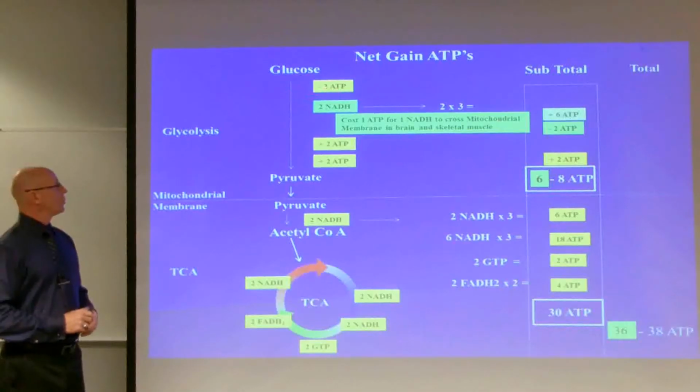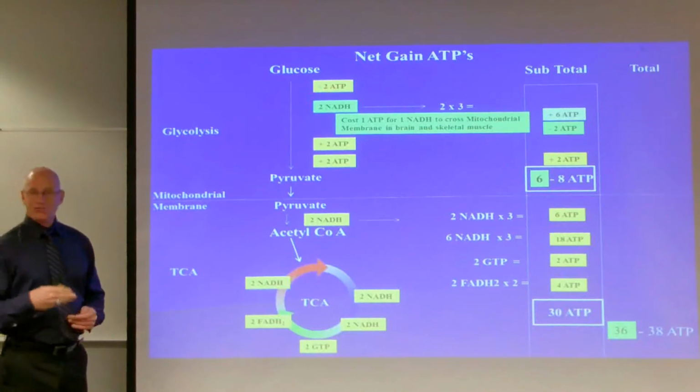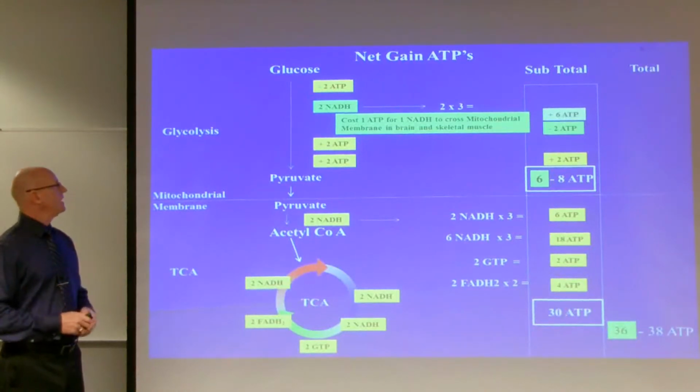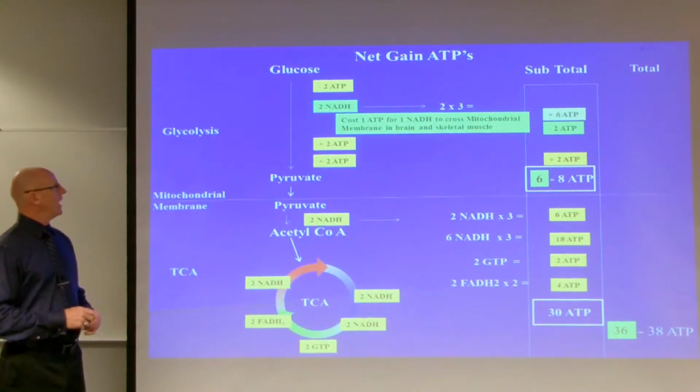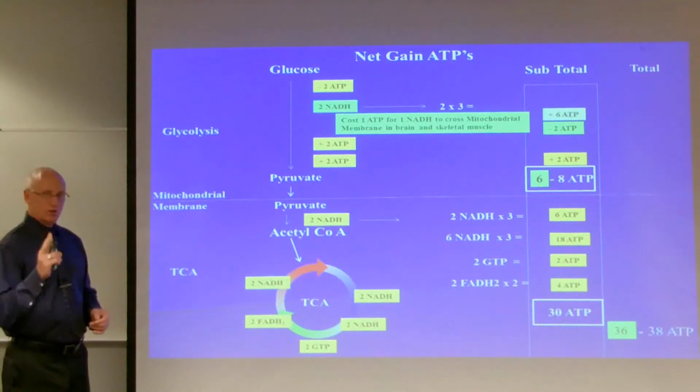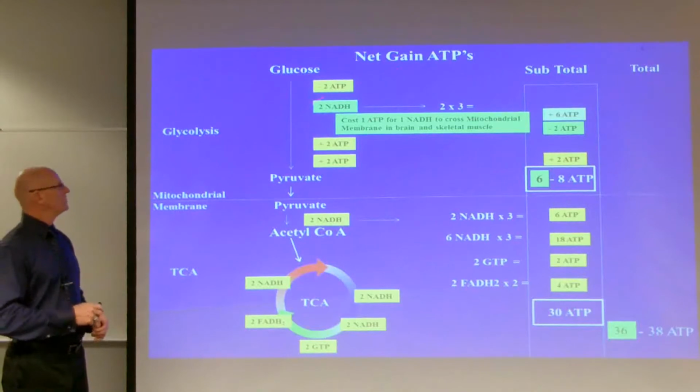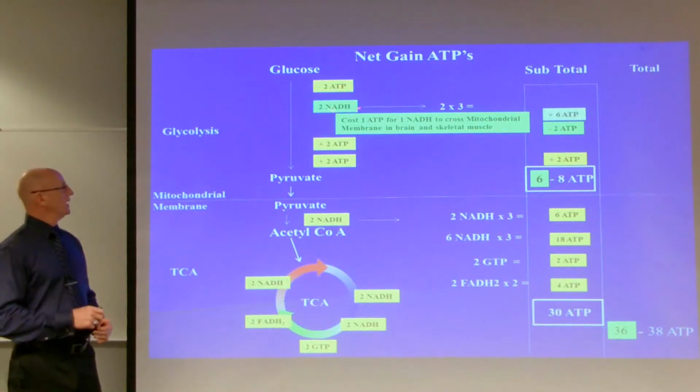The first step in glucose cost us 2 ATPs. And whenever we converted glyceraldehyde 3-phosphate, we oxidized that and we reduced 1 NADH. So now, since it's 2 molecules of pyruvate, we have 2 NADHs. So we have a negative 2 ATPs, and we've gained 2 NADHs.